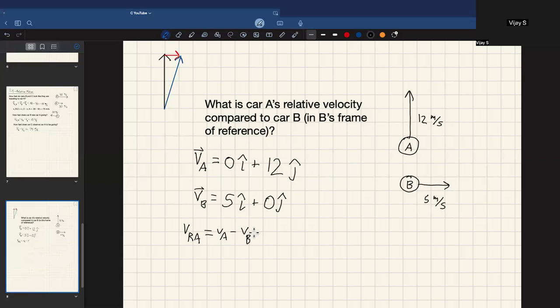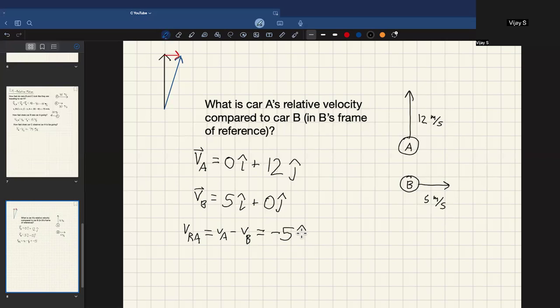Now, keep in mind that because this is vector addition or vector subtraction, you have to work with the components independently of each other. So we would subtract the two j hat terms. That would remain the vertical component of the relative velocity. You would take the difference of the i hat terms, and that would be the horizontal component. So 0 minus 5 for the i hat terms gives you negative 5 i hat.